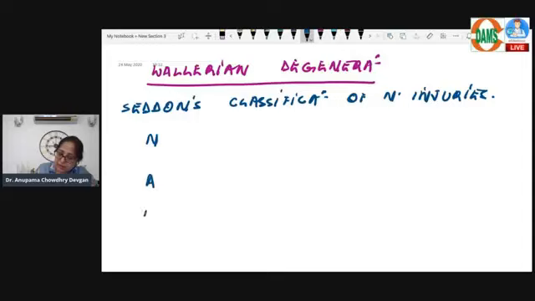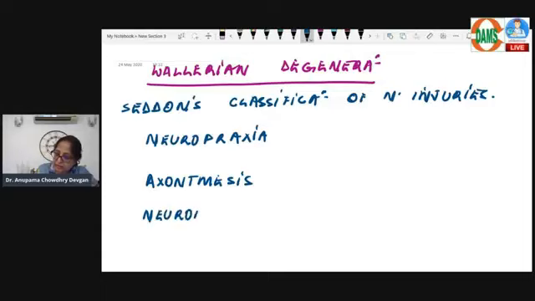You have neuropraxia. Neuropraxia, please remember, is only a functional disturbance, right? Neuropraxia, axonotmesis, and neurotmesis. Axonotmesis and neurotmesis.